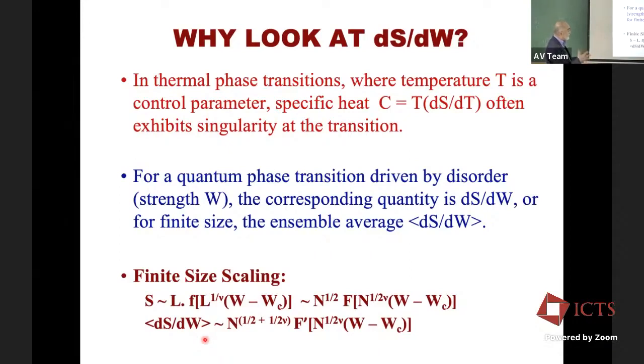And so it's a function of N to the 1 over ν times W minus W_c, but with a different exponent in N. So you can look at both the prefactor and the scaling function, and if there was an extra power, then they would not match. Let's see whether they do or they don't.